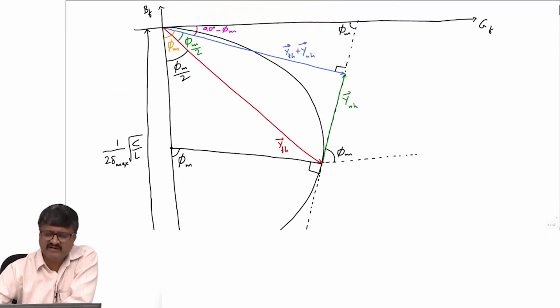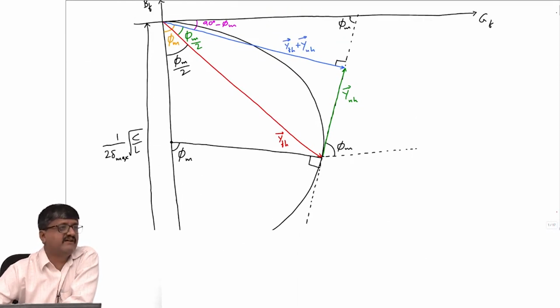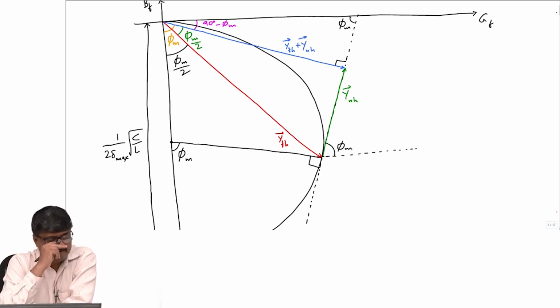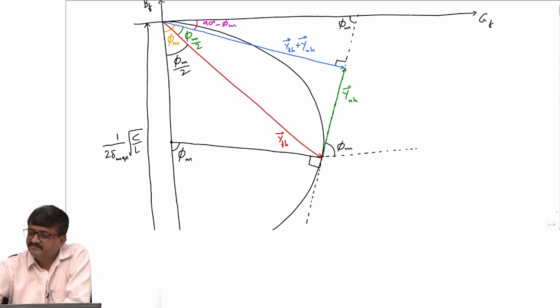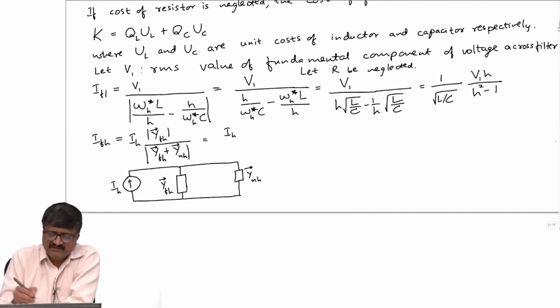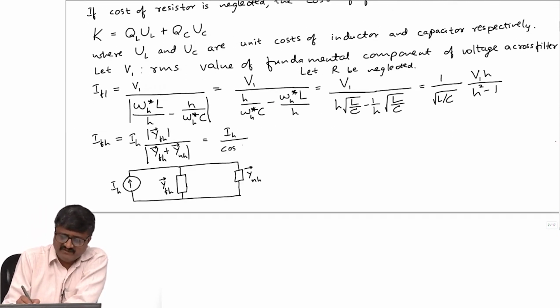So these two quantities are actually the sides of a right angle triangle. So I can write that ratio as what? In terms of phi m, can I write? Cos phi m by 2. So this is IH by cos phi m by 2.